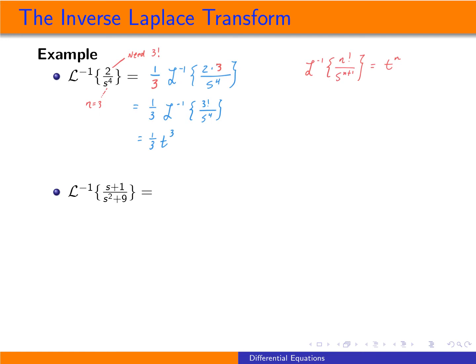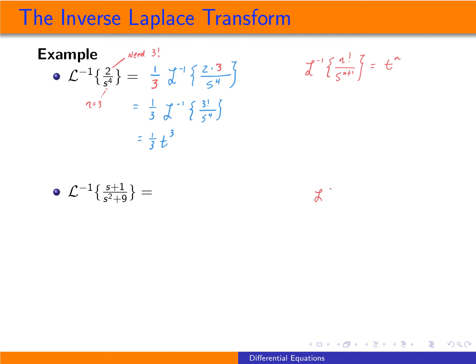Another very common type of problem encountered would be an inverse transform of the form that we see here. And the s squared plus 9 in the bottom, from our extensive practice, should indicate to us to think about the cosine of at formula and the sine of at formula. So with that in mind, let me just add a few formulas to the side here.